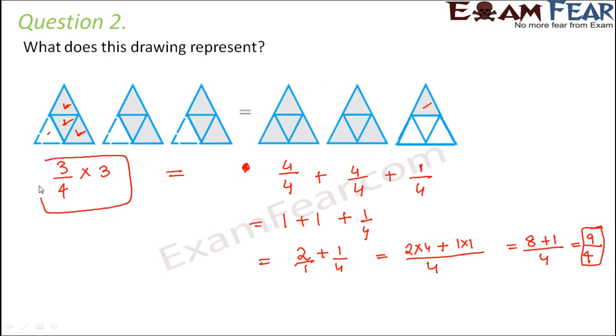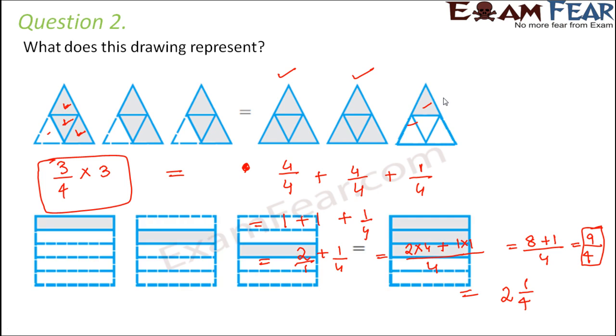This tells us that 3 times 3 by 4 is equal to 9 by 4, which is being represented by this drawing. And 9 by 4 written as a mixed fraction is 2 1 by 4. That means 2 triangles are completely shaded and the third triangle is shaded only 1/4.